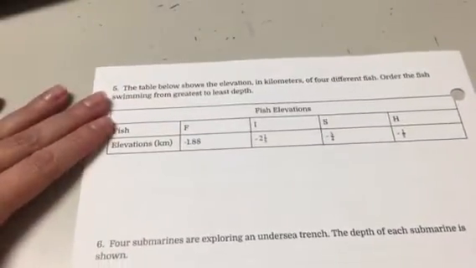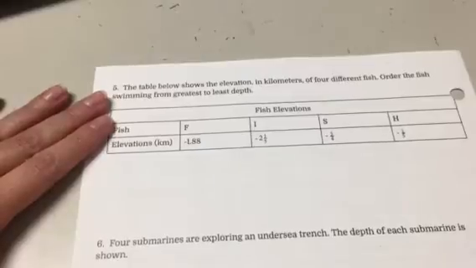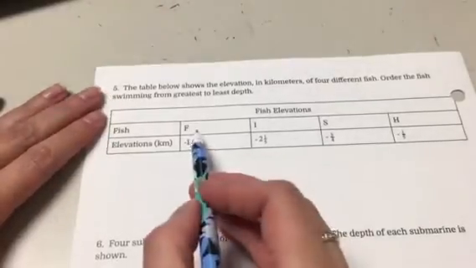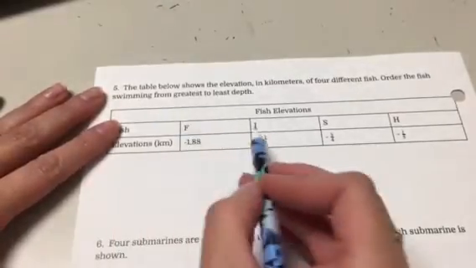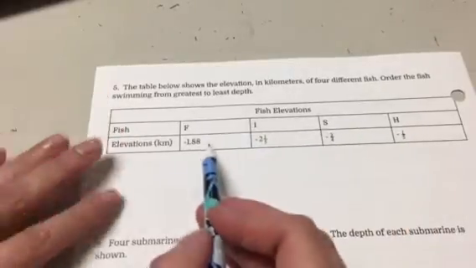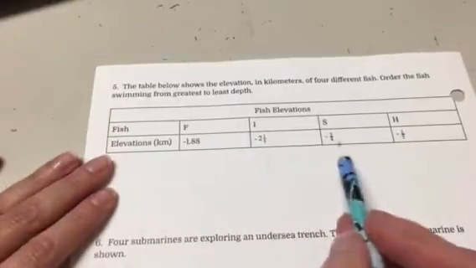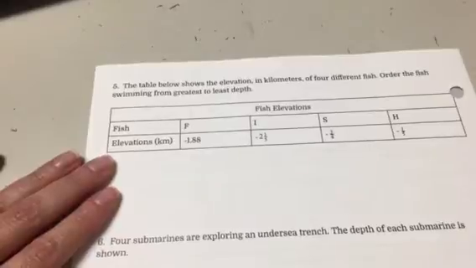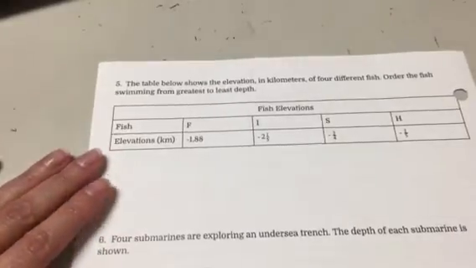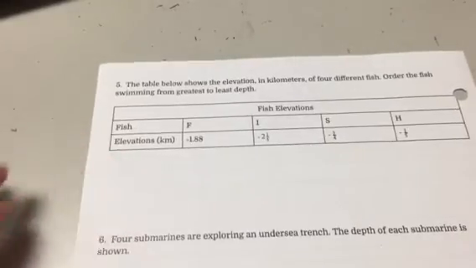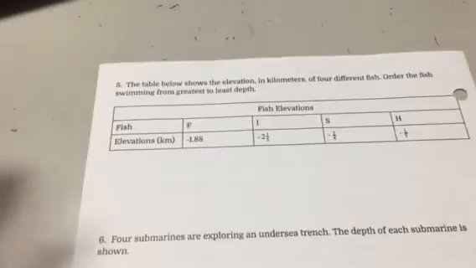The table below shows the elevation in kilometers of 4 different fish. We got fish I, F, I, S, and H. And here are their depths below sea level. So they want us to order these from the greatest depth to the least depth. So remember, when we're talking depth, that has to do with absolute value.